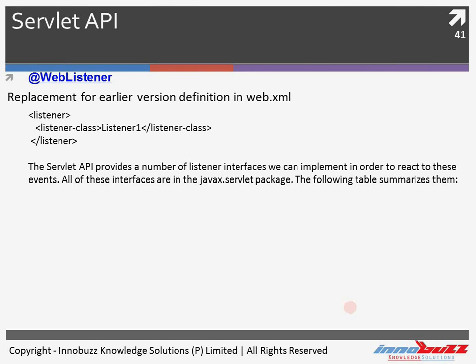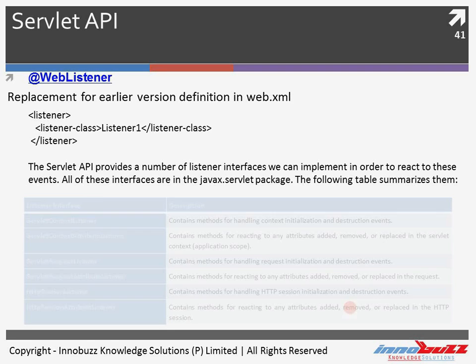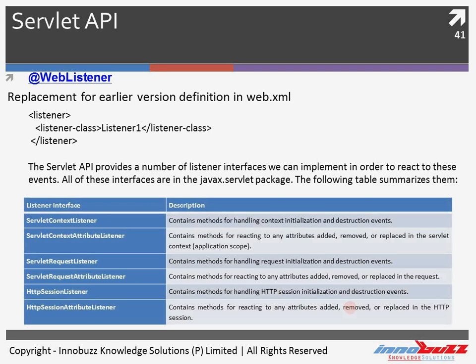We have many events happening for an HTTP request. When these events happen, there are many listener interfaces provided by the Servlet API to handle these events. All these interfaces are there within the javax.servlet package. And here you can see the list of listeners within this package.